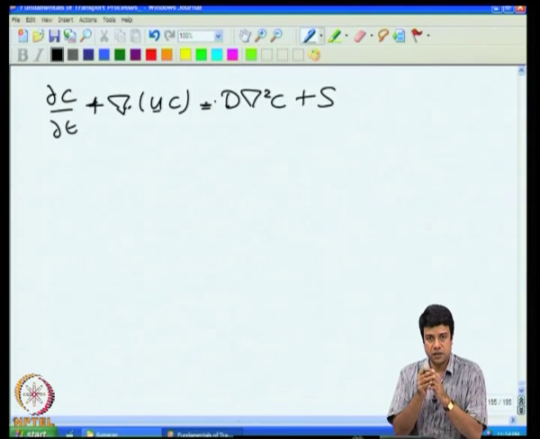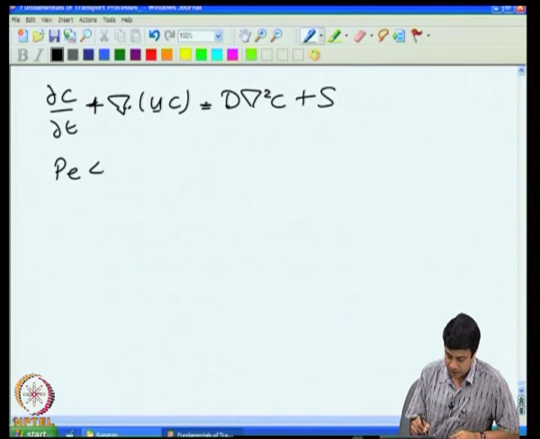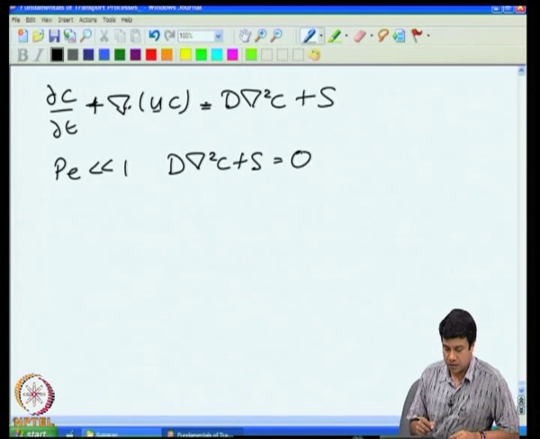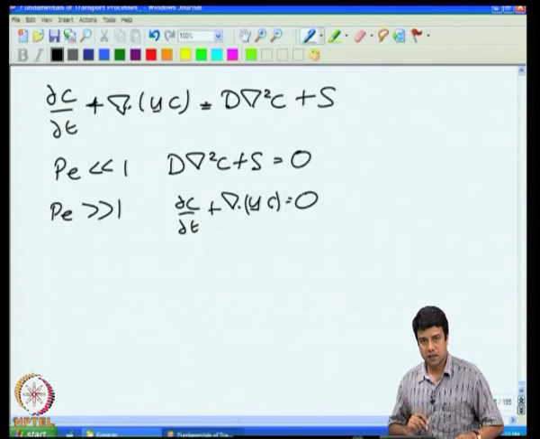So, therefore, if diffusion is large compared to convection, when the Peclet number is small compared to 1, you would expect D del square c plus any sources or sinks to be equal to 0. When convection is dominant, you would expect partial c by partial t plus del dot u c is equal to 0. We will now look at how to derive equations in these two limits.